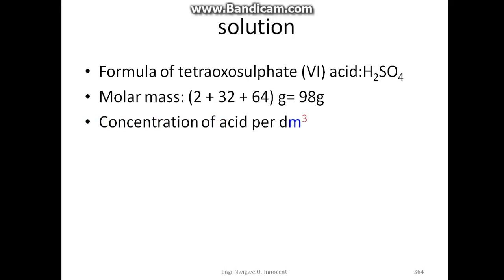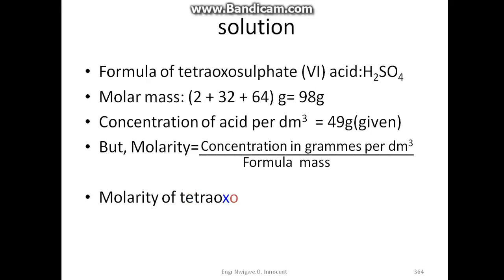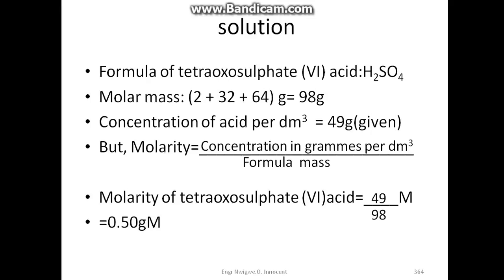Concentration of acid per dm cube is equal to 49 gram, given from the question, but molarity is equal to concentration in gram per dm cube over molar mass. Molarity of the tetraoxosulfate(VI) acid is now equal to 49 over 98, which will give us 0.50 molarity.